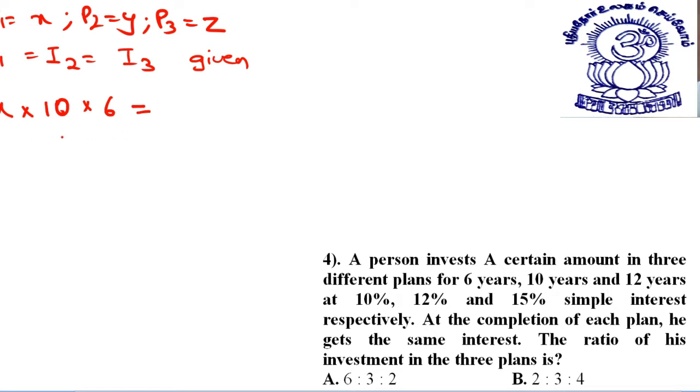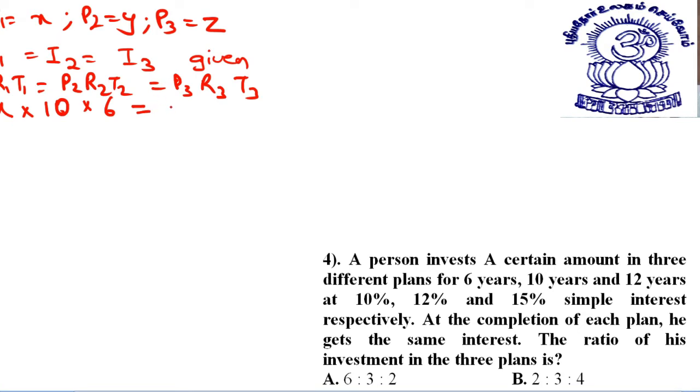I'm not dividing by 100 because I have already told you P1 R1 T1 is equal to P2 R2 T2 is equal to P3 R3 T3. We have discussed this already.